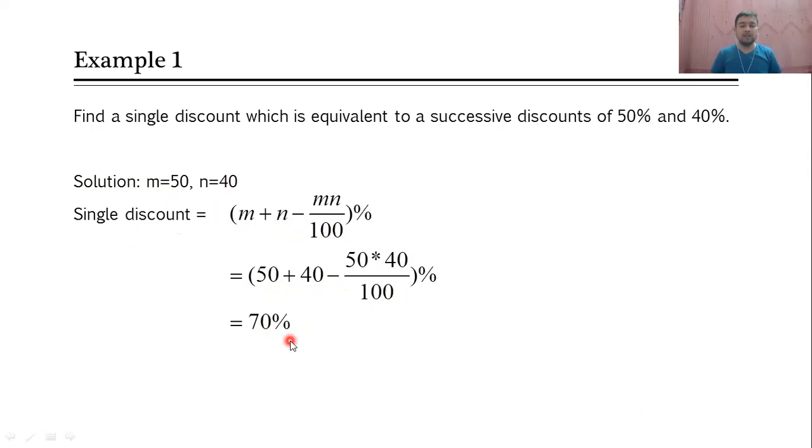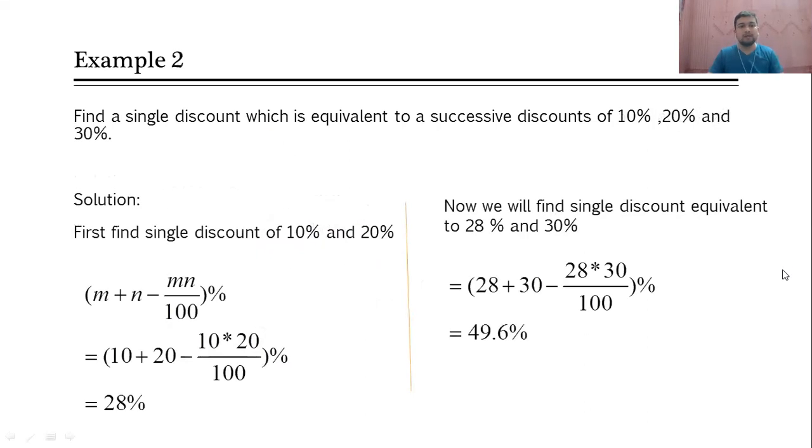In both ways, if in the exam you are not remembering this formula, even if you solve by the usual method, you will get the same answer. But the usual method will take time, so better you remember the formula m plus n minus mn upon 100. Okay, so let us see one more problem.